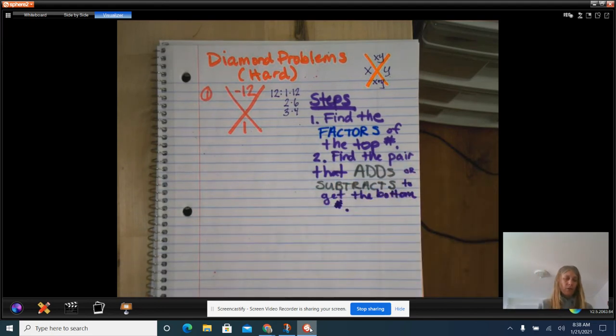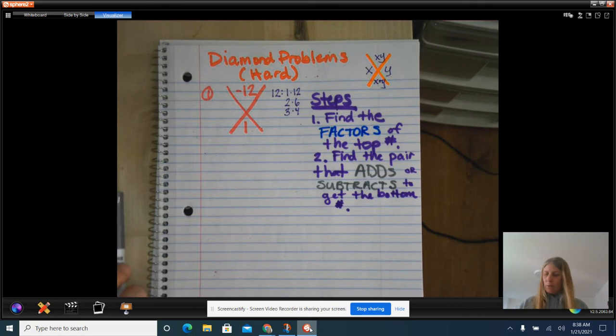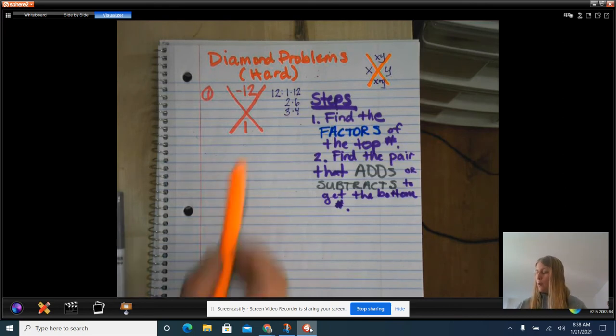So I'm looking for 2 numbers that are going to add or subtract to get 1. So let's go ahead and go through these and see which one that's going to work for.